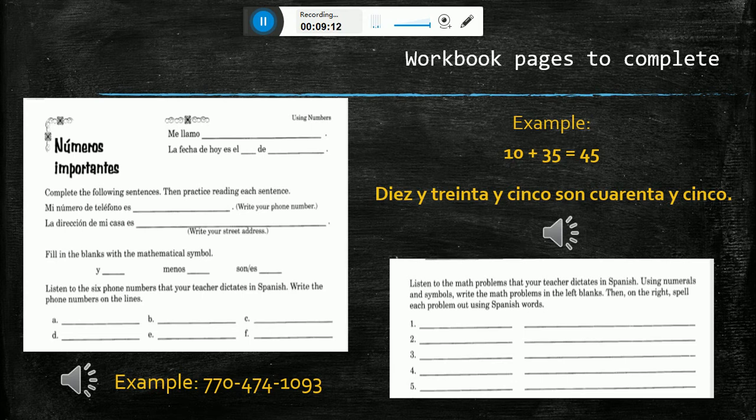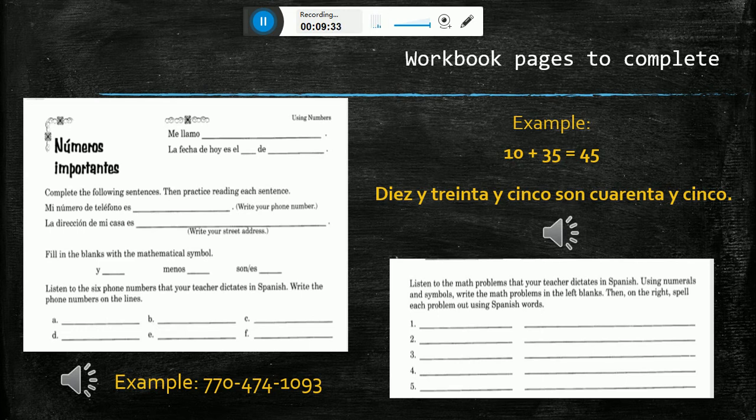Number 2, 10 y 1 es 11. Number 3, 20 menos 10 es 10.